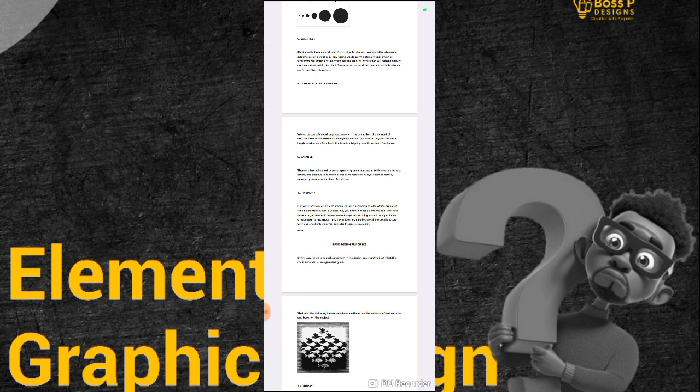Is the right balanced with the left? What I put on the right, is it balanced with what I put on the left? What I put on top, is it balanced with what I put downward? That's what you should know. Your design must be balanced.